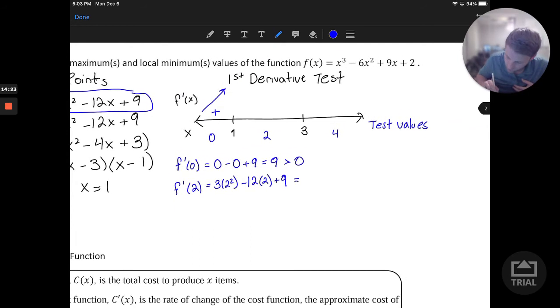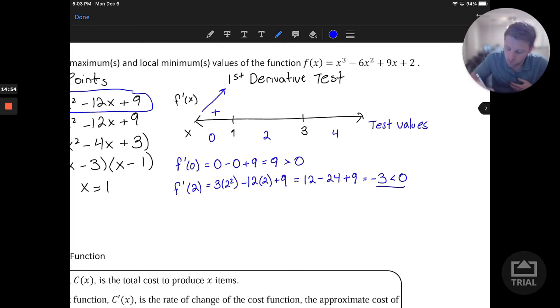We have 2 squared is 4, times 3 is 12, minus 24 and then plus 9. If we add these items together, I think we get a negative 3 when we're done. 21 minus 24. And so this is a negative value. This is less than 0.